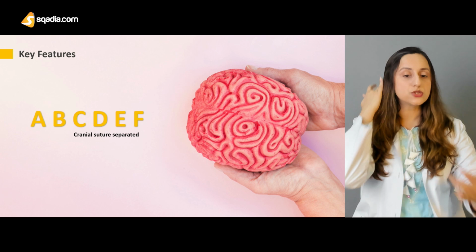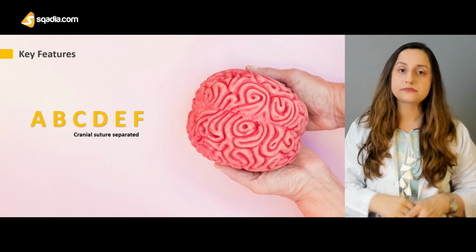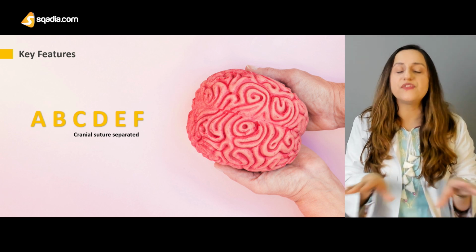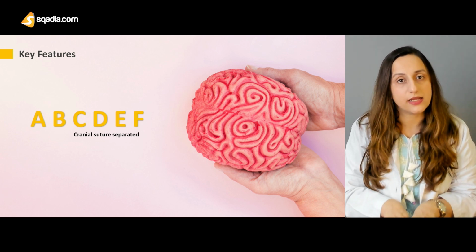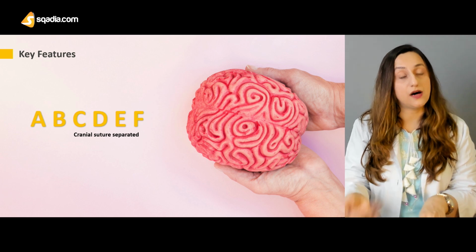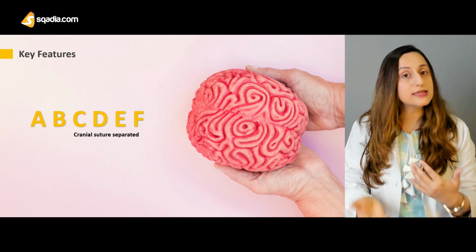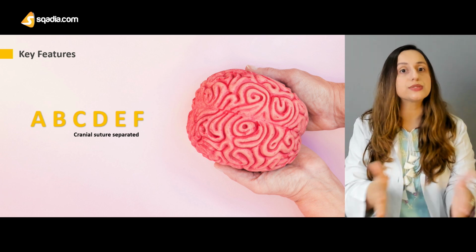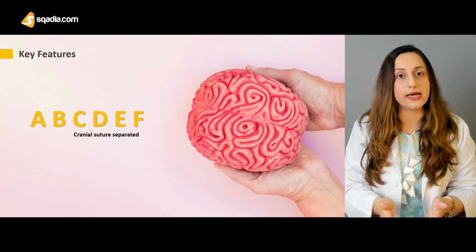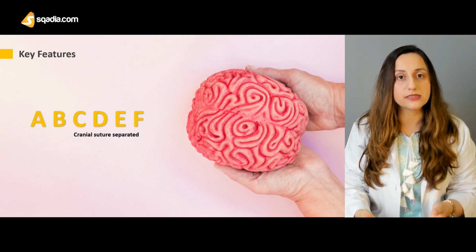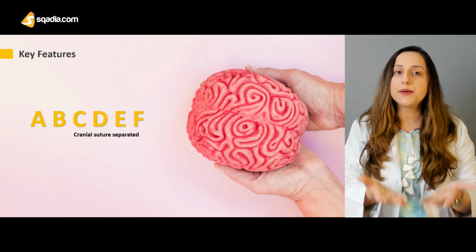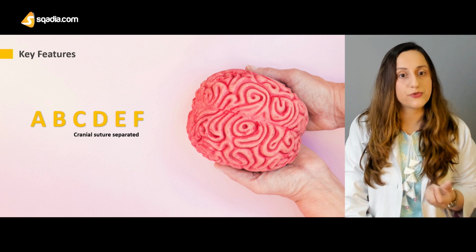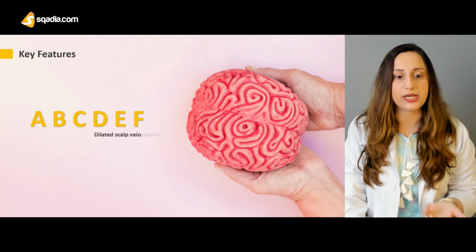Then we have the cranial sutures, which are separated. So even it can be related to the failure of the anterior fontanelle to close even after a year. And again, if the cranial sutures are separating apart from the anterior fontanelle, that is again one of the factors indicating that there is a back pressure or a hydrostatic pressure present in the neonate or in the child.